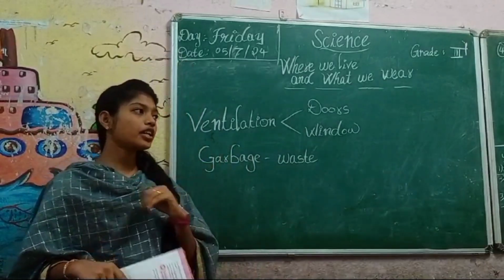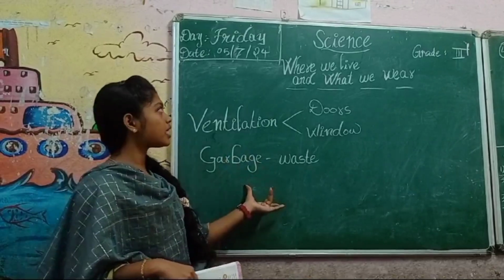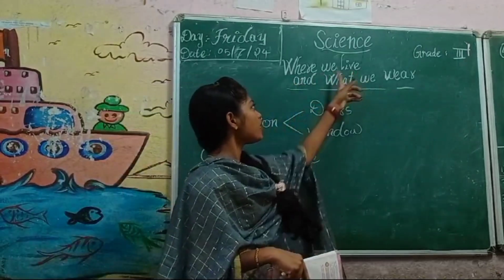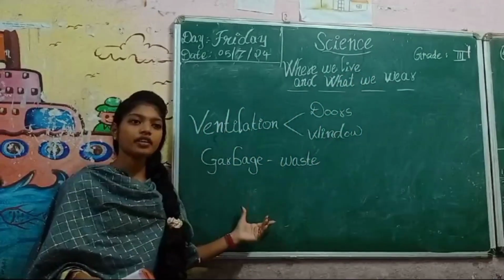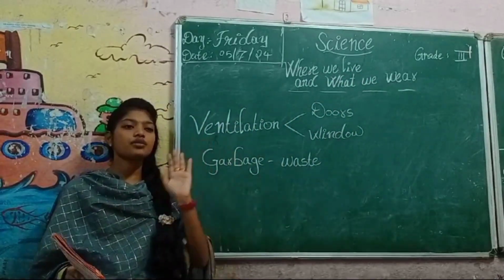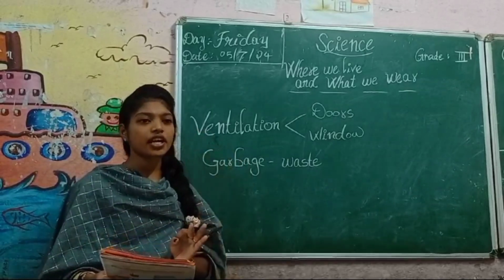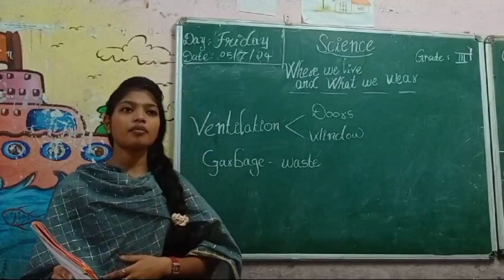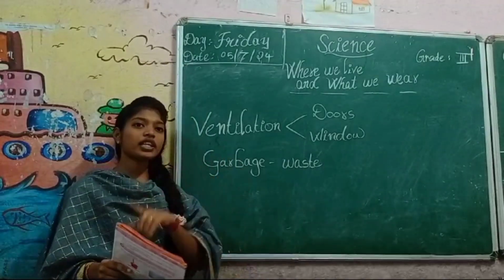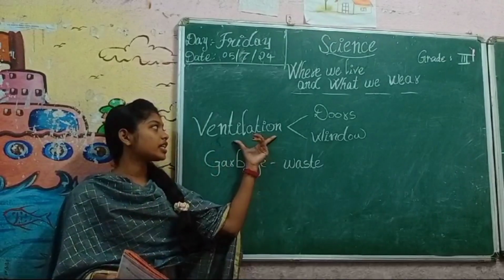So just for a recall, what we studied today: our second chapter name, Where We Live and What We Fear. Where we live, in our house. Our house should be clean, get a lot of fresh air, then proper sunlight, and be free from germs. For that, we need to check good ventilation.